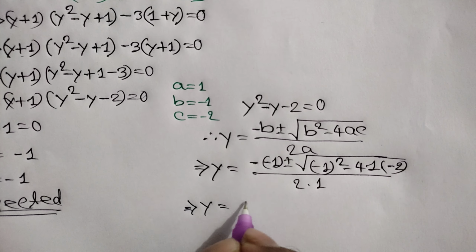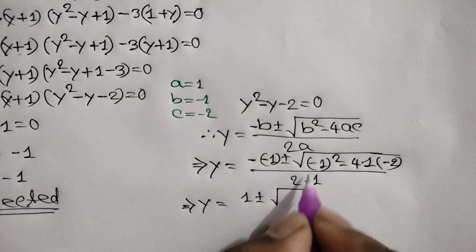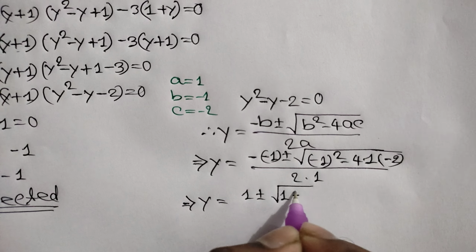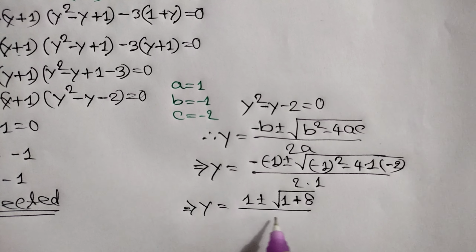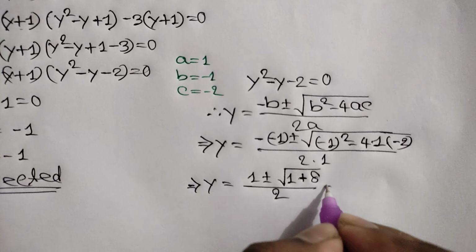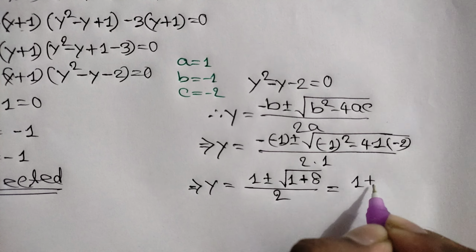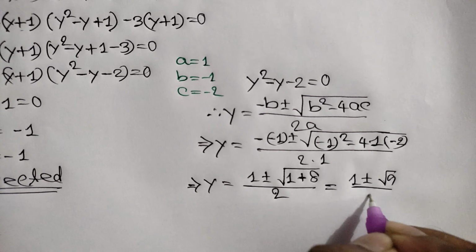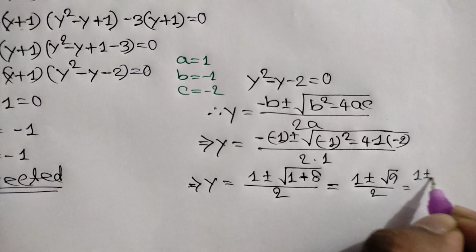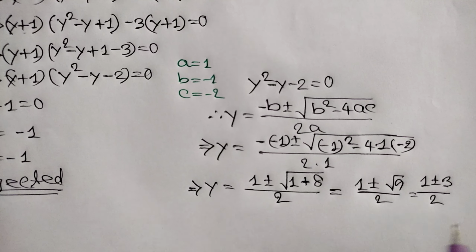Or y is equal to 1 plus or minus square root of 1 plus 8 over 2, is equal to 1 plus or minus square root of 9 over 2, is equal to 1 plus or minus 3 over 2.